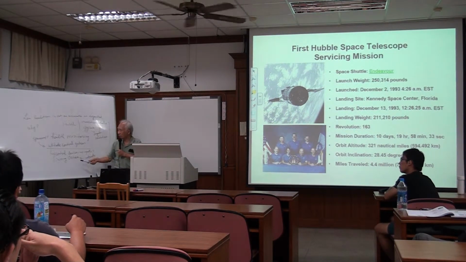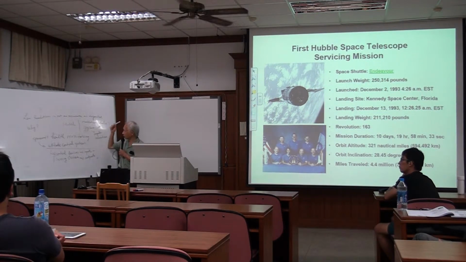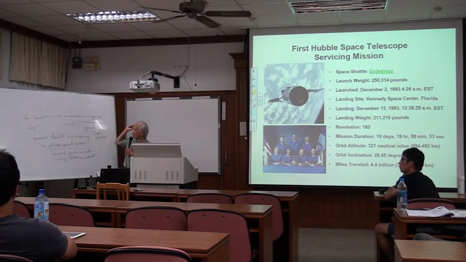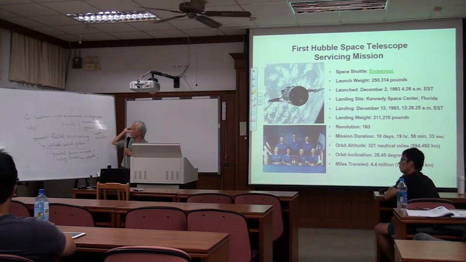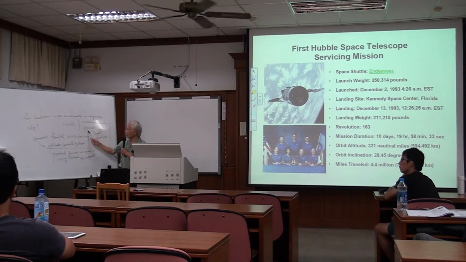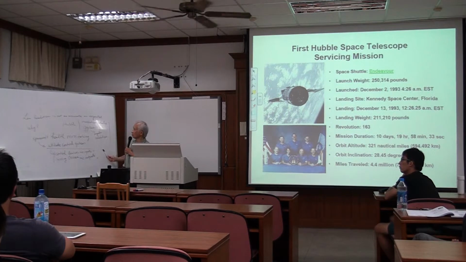So in other words, we can use the control devices, that's the moment wheels, to rotate the Hubble, and then we can use the gyros to measure the angular velocities. So we do have an input, and we do have an output.